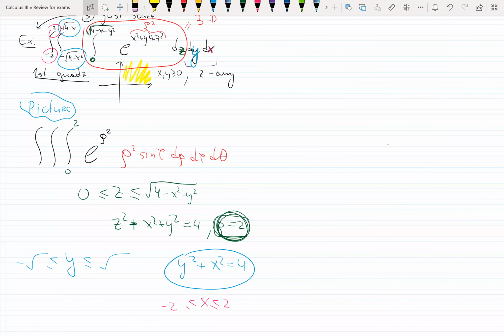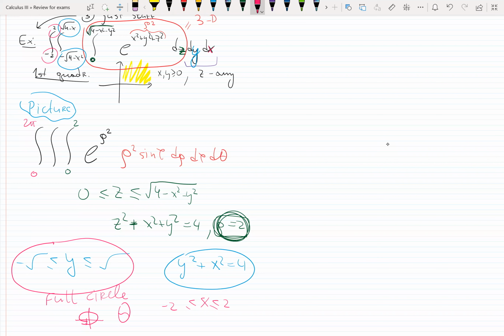In 2D, it does complete the full rotation because of this information. If y goes from minus square root to plus square root, that's a full circle. Since it's a full circle in 2D, then theta is responsible for the full circle in 2D. So theta will be from 0 to 2 pi.